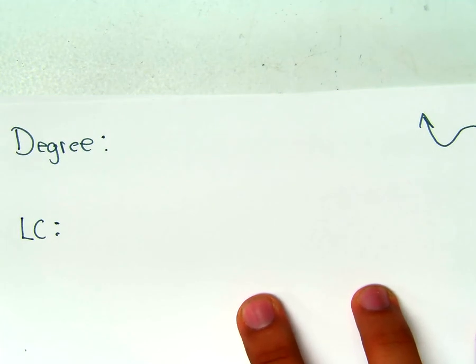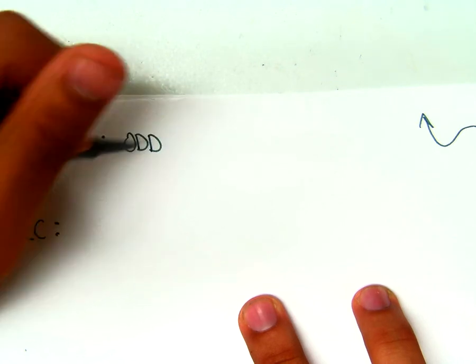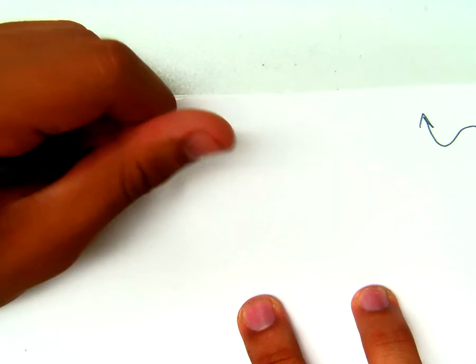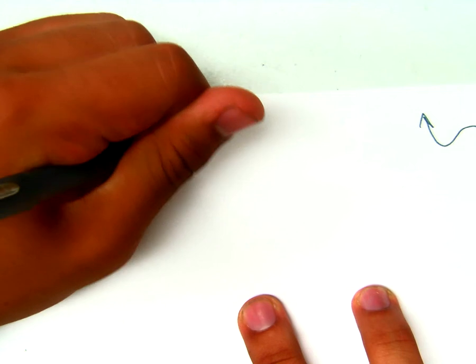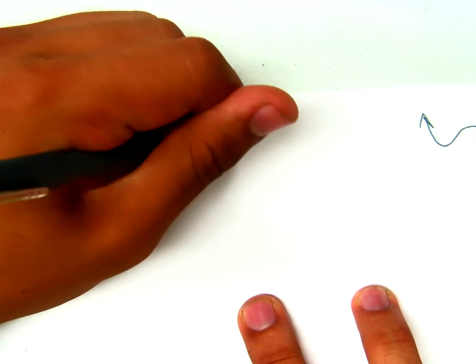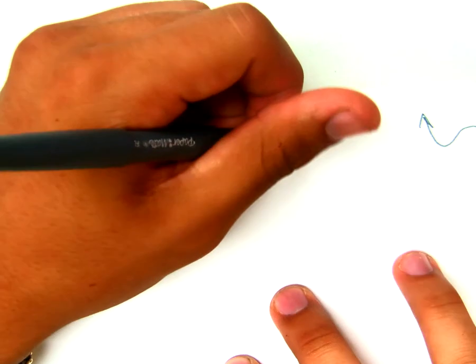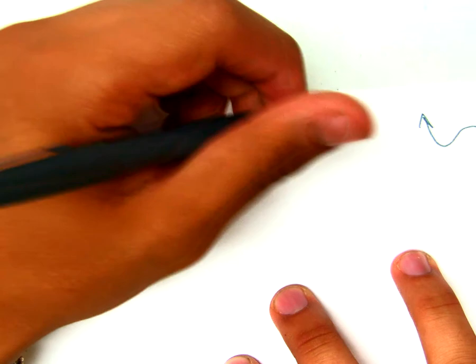And if our degree is odd, then the end behavior is opposite. Opposite, sorry. If the degree is odd, then our end behaviors are opposite. So what that means is our graphs will look something like this.